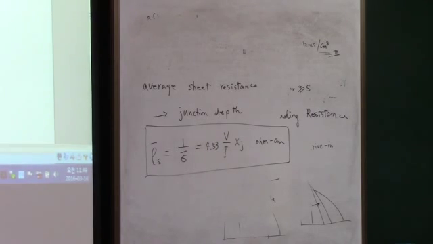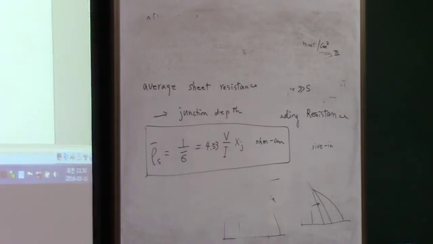So to characterize the impurity profile, firstly, we measure the sheet resistance with the patterns making L equal to W. Then we measure the junction depth with the spreading resistance, the 4-point probe with the beveling. Then we can measure the junction depth, right? And then the average conductivity can be calculated with these two parameters. Sigma is 1 over rho s times xj, okay?